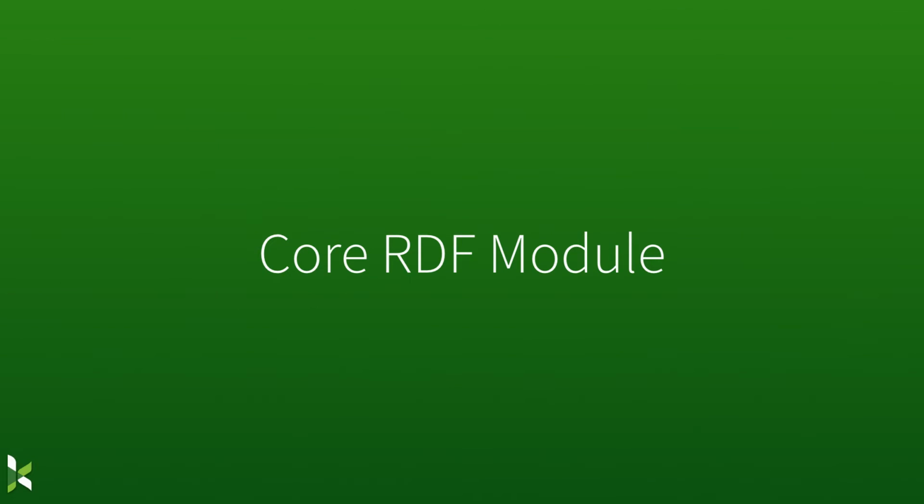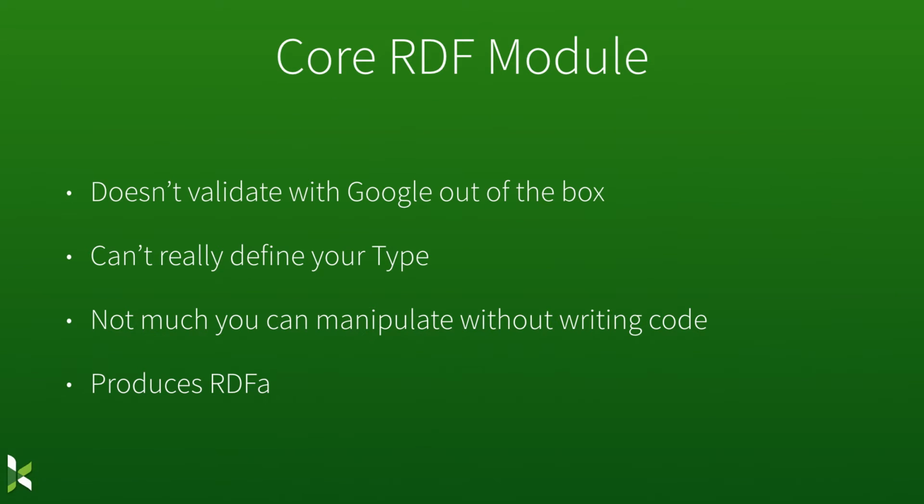So what are our options in Drupal 8? Well, there actually is an RDF module in core. I played with that, just to see what it would do. For me, it didn't validate from Google's perspective out of the box. Remember, Google and schema.org aren't a one-for-one thing. What Google wants is not necessarily what schema says is required. And you can't really define the type of thing.